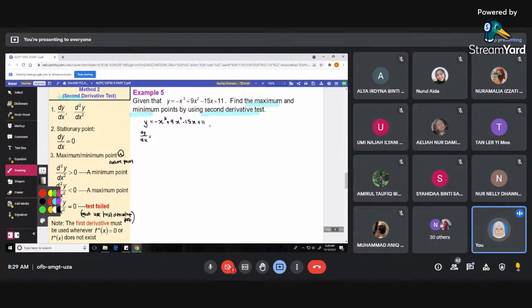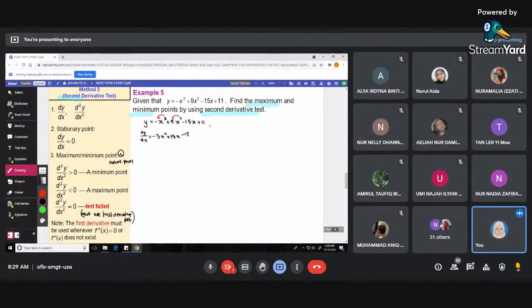Remember 3 strike. Power will bring to in front, so it's become negative apa? 3x squared. And then differentiate second term, power bring to the in front, plus 18x. Differentiate negative 15x, dapat berapa? Negative 15.